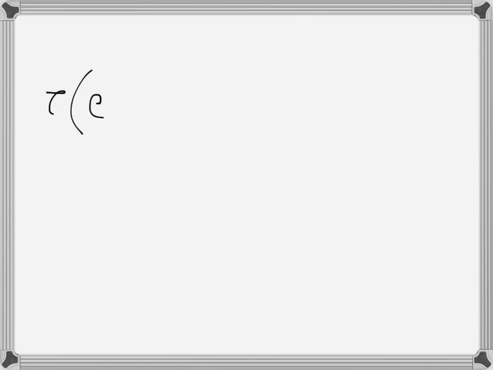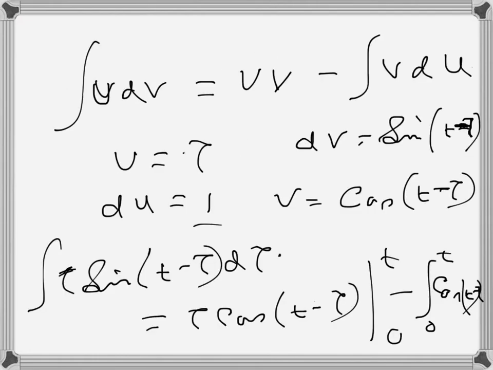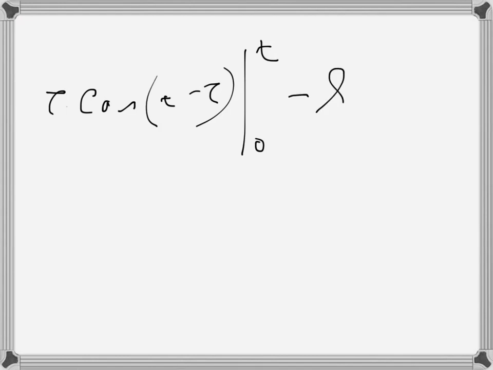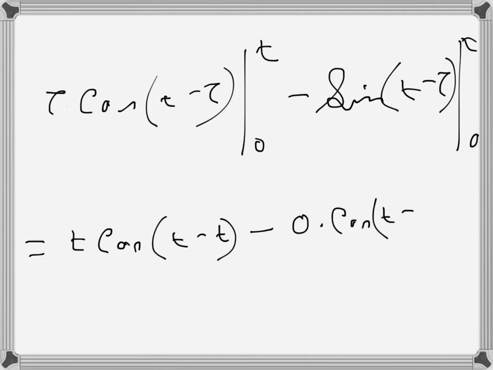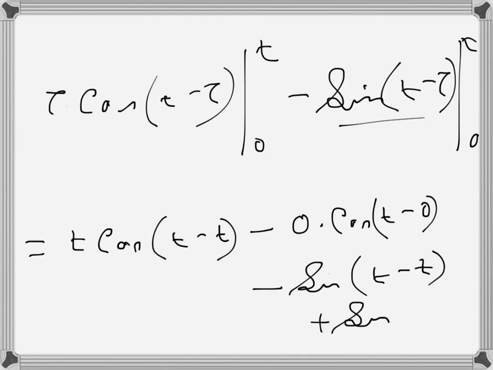So this becomes tau times cos of t minus tau, evaluated from 0 to t, and then for this one, once cos of t minus tau is integrated, it gives sine of t minus tau.